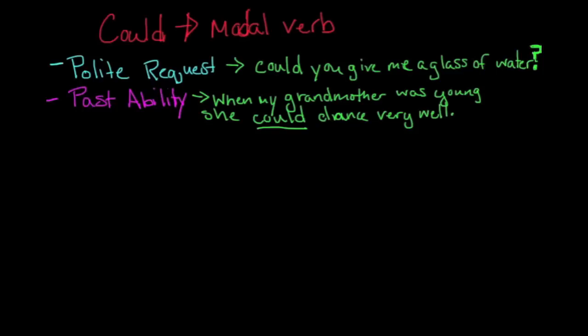Now let's take a look at the next one. We can use could for suggestion. For example, if you tell me that you're having car troubles, or your car isn't working, I could say, you could buy a new car.